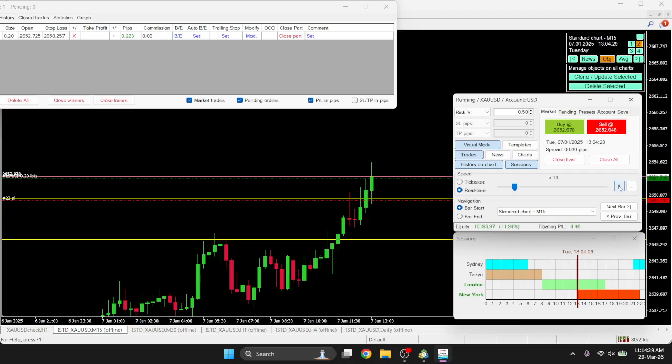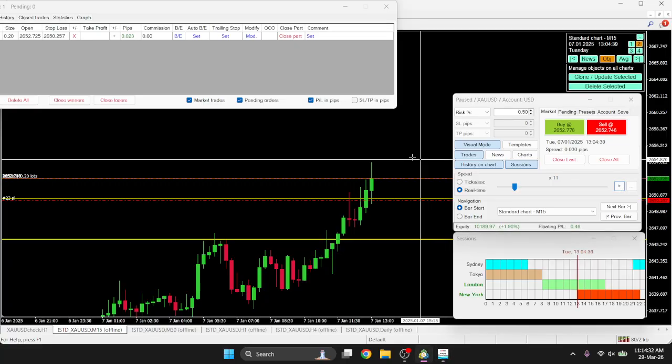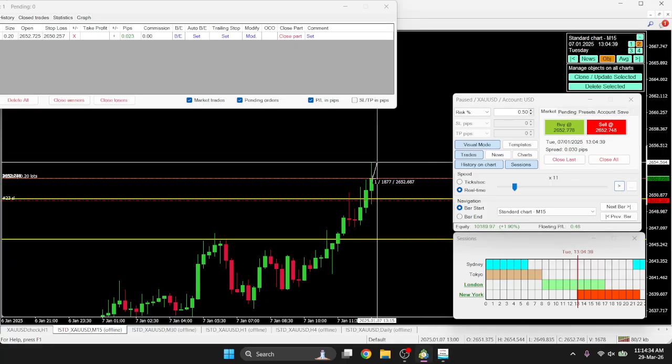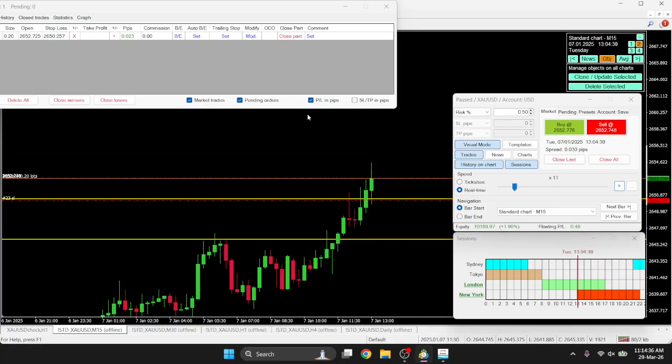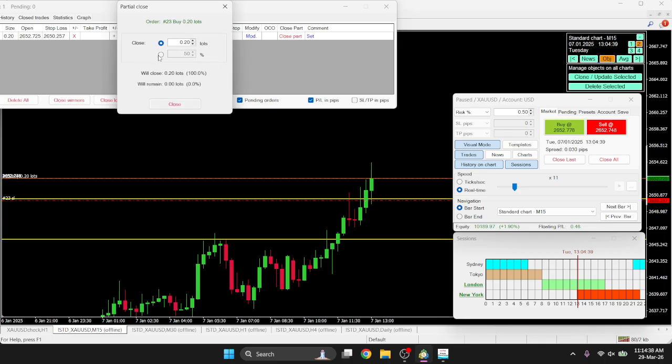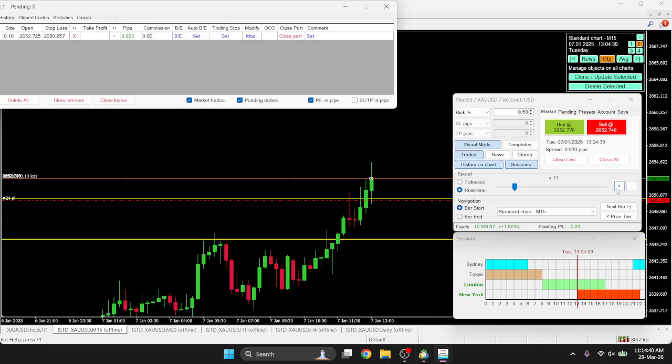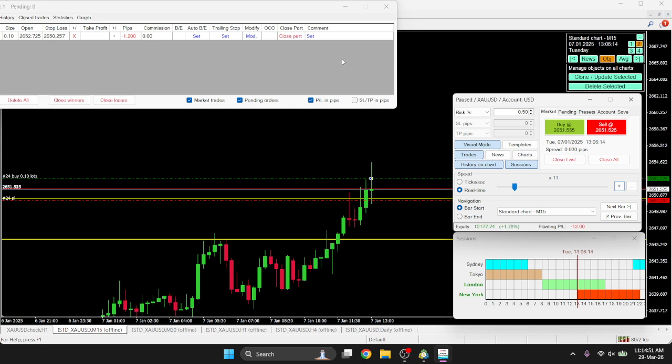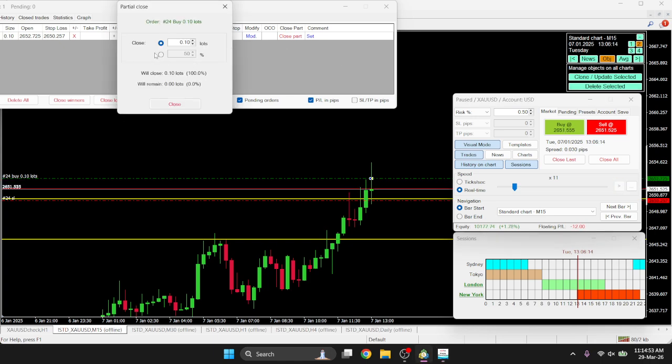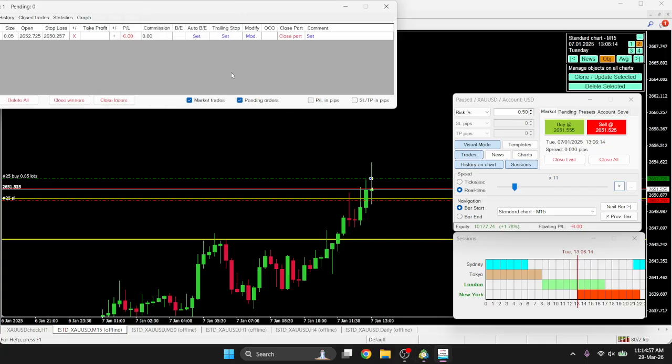From our range it just moved 18 pips and is coming back towards our entry price. So at this scenario I am closing half of the position. I'm just managing, and right now if it comes back and breaks its own open price, I'll close another half of the position. So it's breaking its own open price and I'm closing another half of the position. This is how I manage risk.